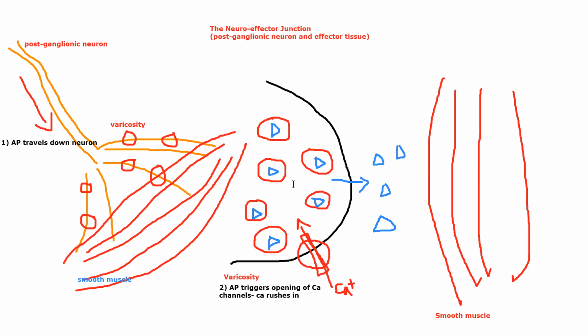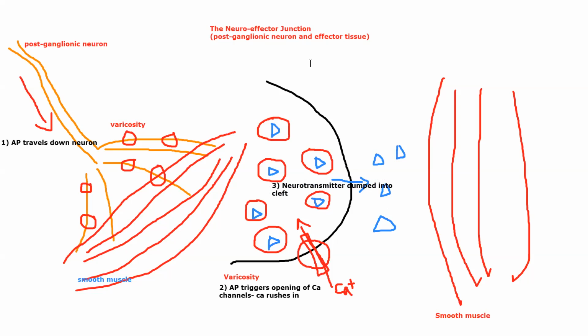And so that's step 3 here. All right, so step 3 is that we've got our neurotransmitter being dumped into the cleft.